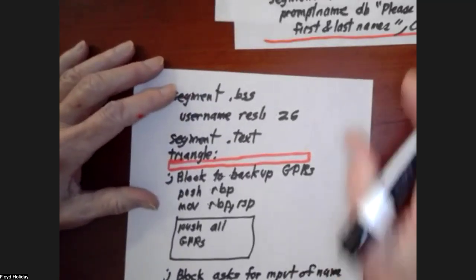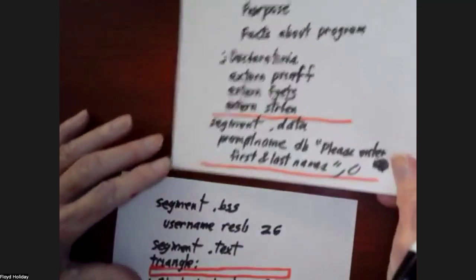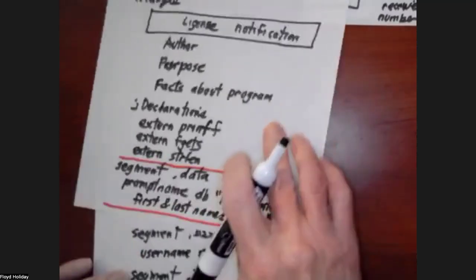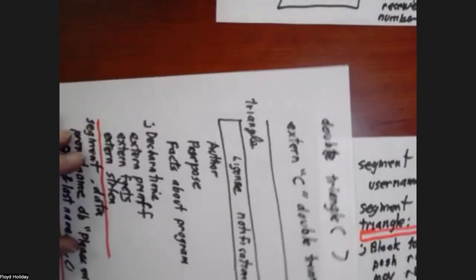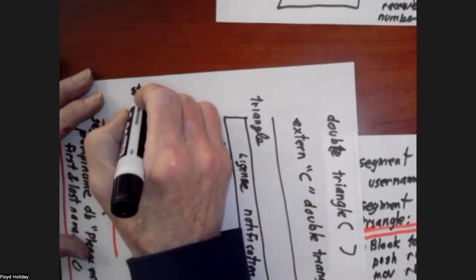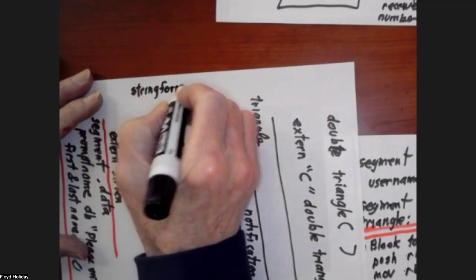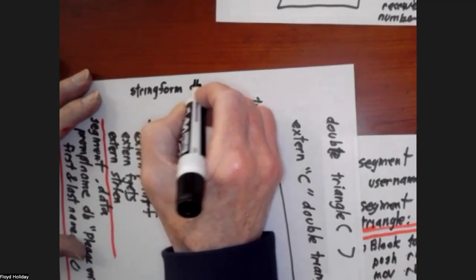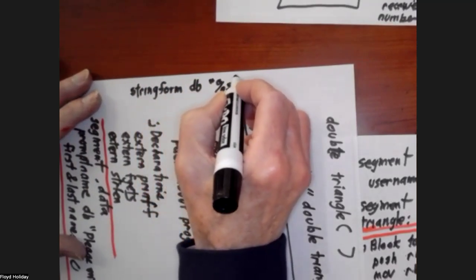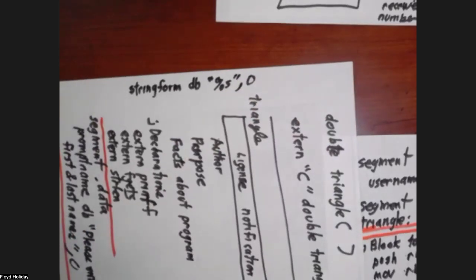So on a computer, I'd scroll backwards and insert that one under the segment data. I'm really crowded here, so I'm going to leave it on the side. String form: DB, quote, percent s, 0. Looks like that. Okay.